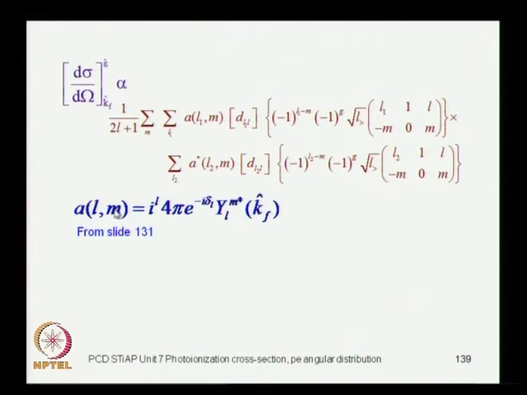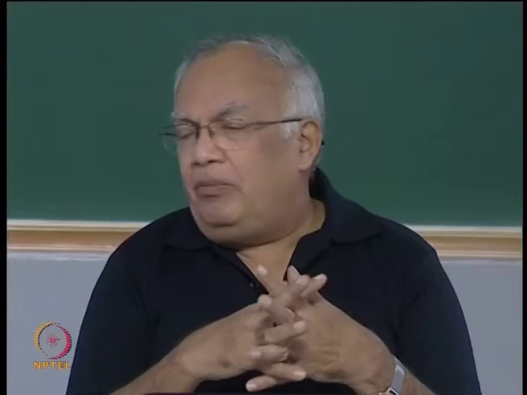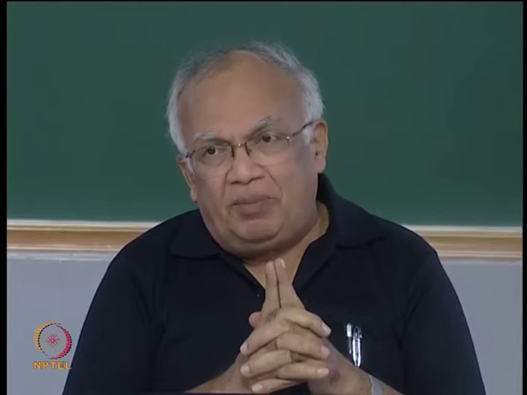Now, ALMs we already have from our earlier discussion, and because we are using the dipole approximation, you do not have to worry about summation over L1 and L2 going from 0 through infinity, because only those transitions will take place for which delta L is equal to either +1 or -1, everything else will vanish, right.